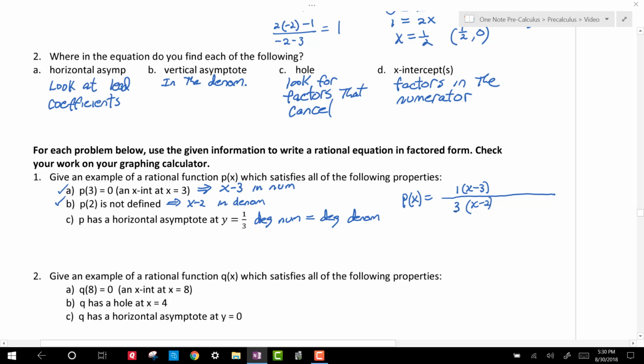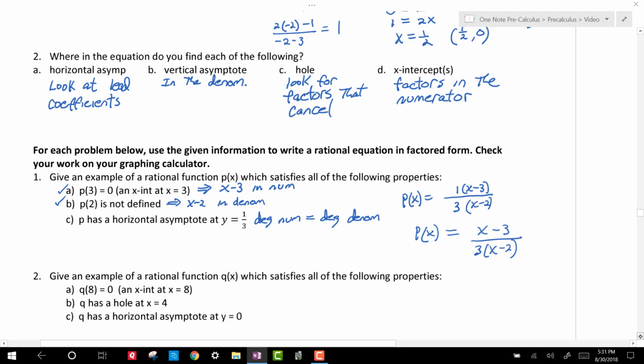And by the way, the 1 in front there really doesn't need to be there. I could also say P of x is simply equal to x minus 3 over 3 times x minus 2. Those two equations are the same thing. It's said to write it in factored form. We don't need to multiply anything out here.